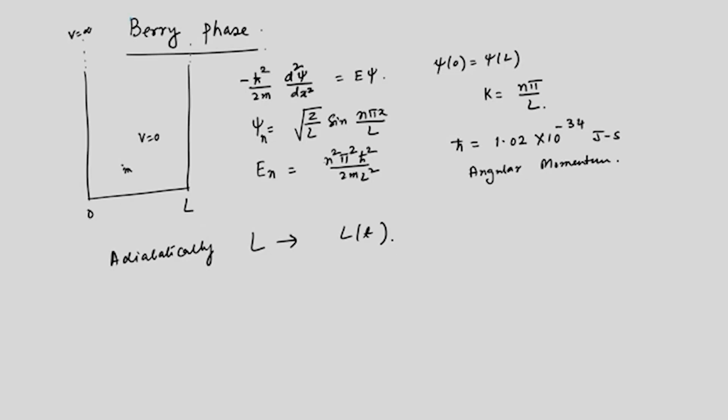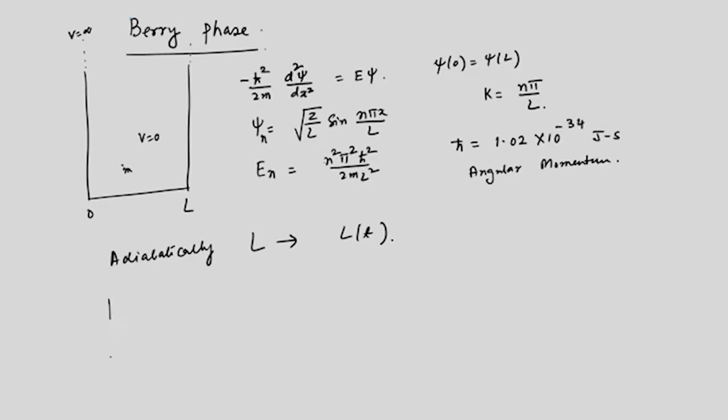So if this change is slow, that is if the length of the box is being increased quasi-statically, such that equilibrium is established at all times, then the particle should be in the ground state even at time t.